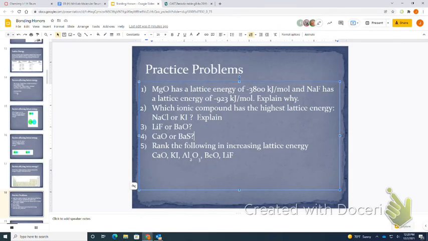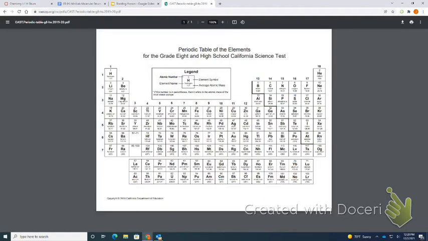All right, so the last one, we're going to rank all these guys. I have to remember these. How am I going to do this? Let me take a picture real quick, and then we'll go that route. All right. So what do we have to rank?